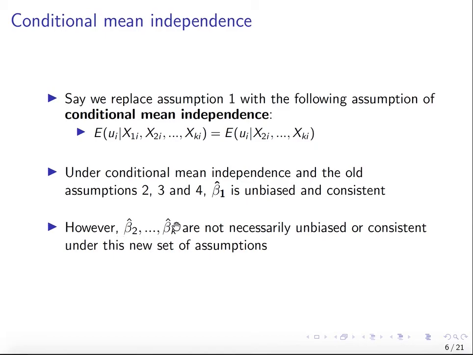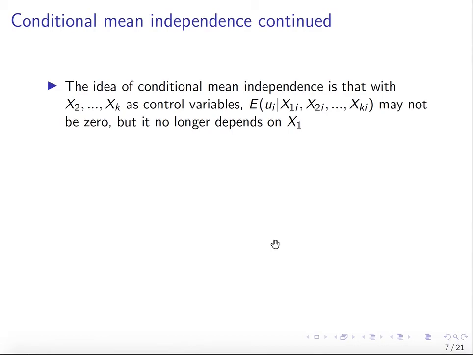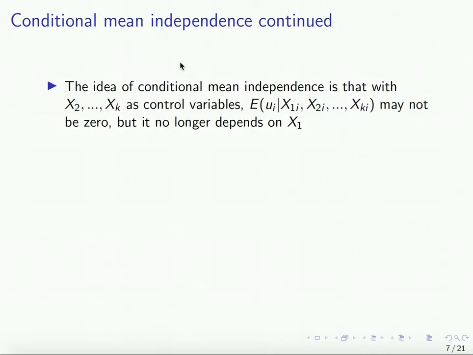So this is to say that if I have conditional mean independence for my x1, it may be that all my other beta hats are not unbiased and consistent, and you're going to be okay with that. Let me explain this in a different fashion.